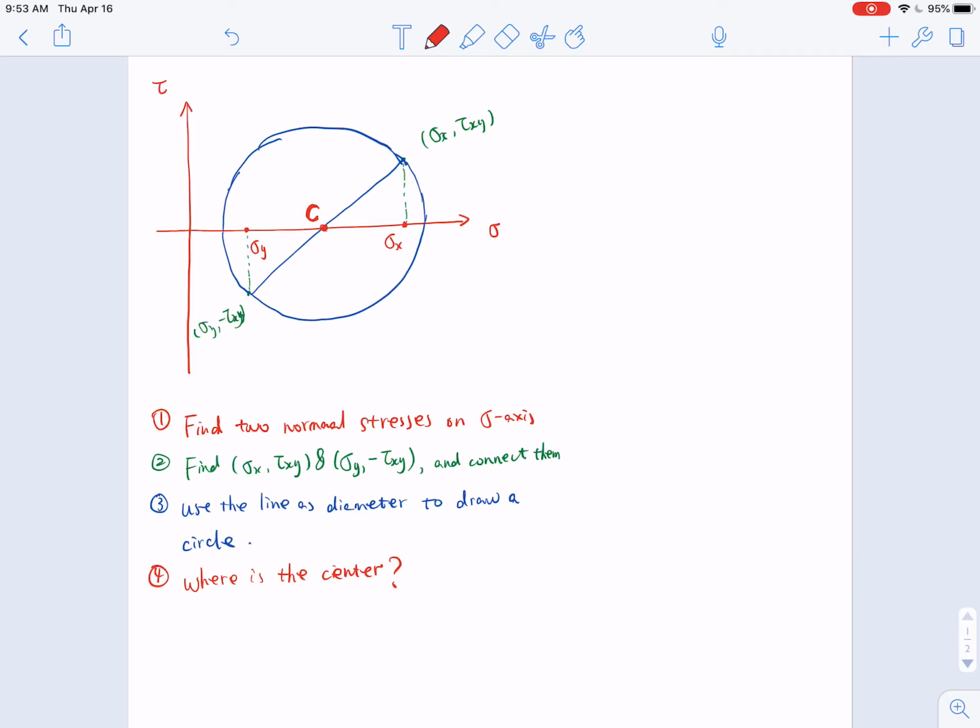The x coordinate must be the average of sigma x and sigma y, so that is sigma x plus sigma y over 2, 0. This is the coordinates of the center point of the circle.